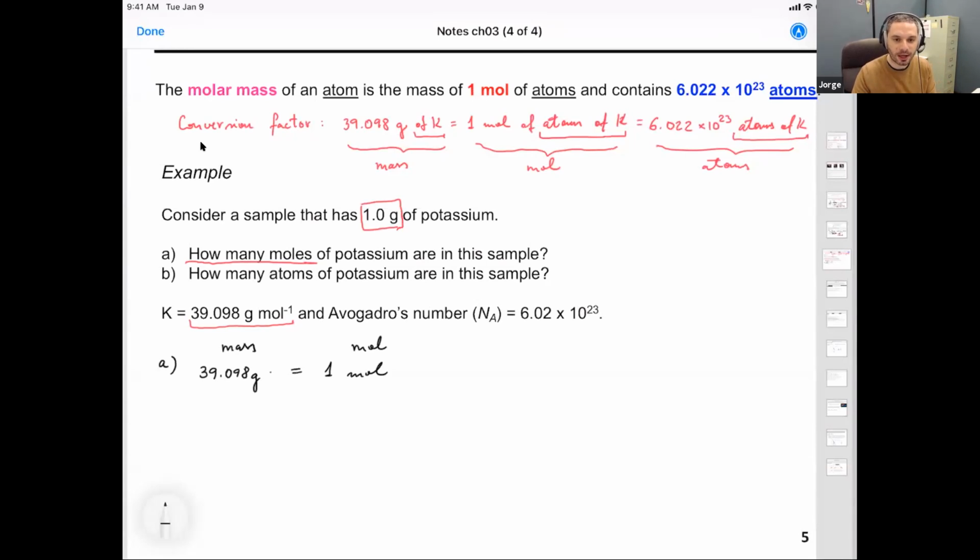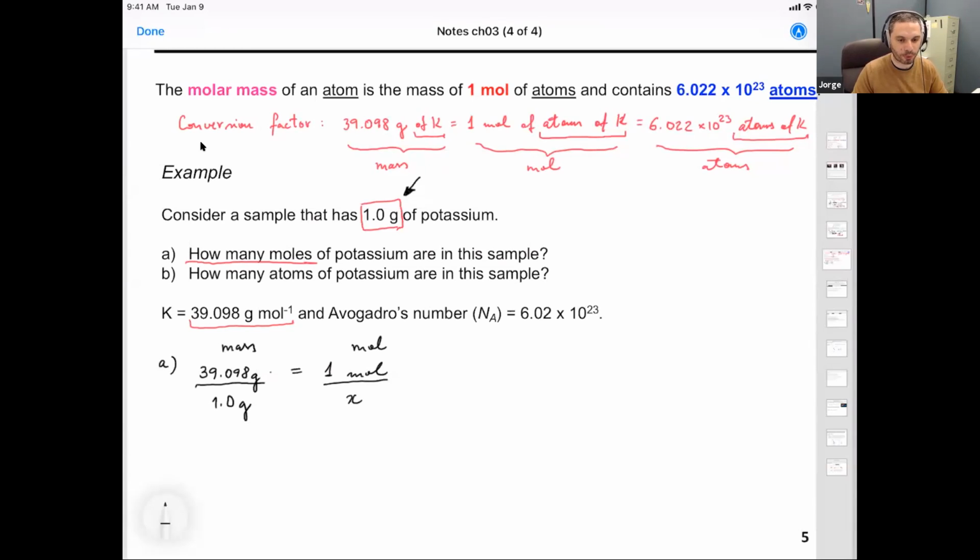The second line you always going to have one number, and your goal is to find out the second one. So let's take it from the exercise. We know the mass, so therefore that has to fit in the mass column. And we want to know the number of moles, X.